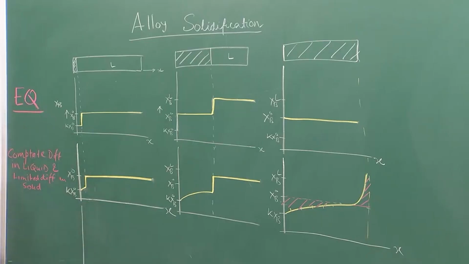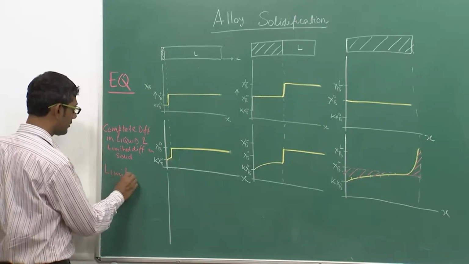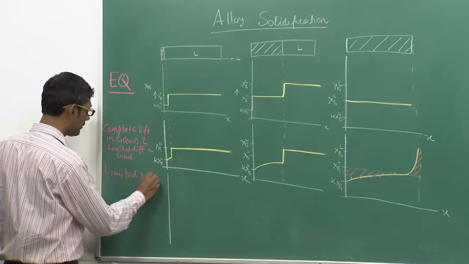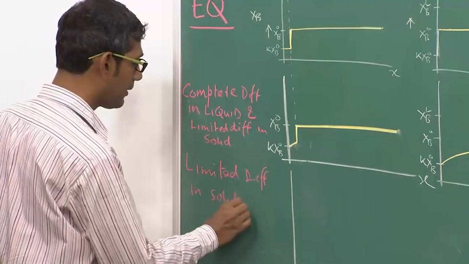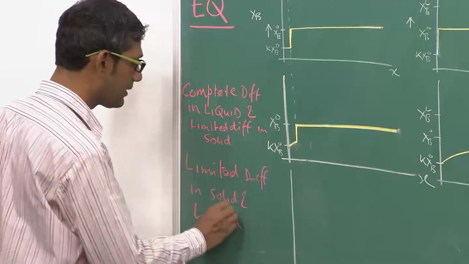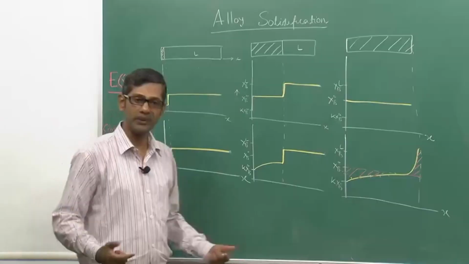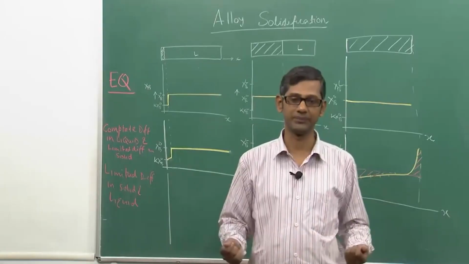So if I have another situation where I have limited diffusion in both solid and liquid, what does it mean? That means that obviously limited diffusion in solid is acceptable, in the sense that solid has a very low diffusivity.